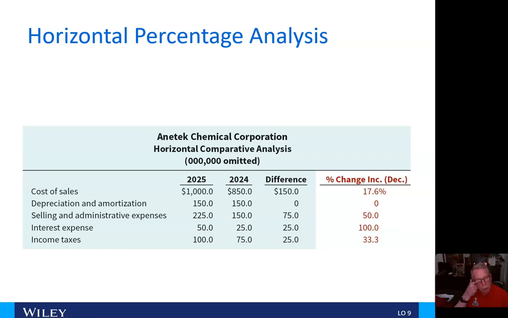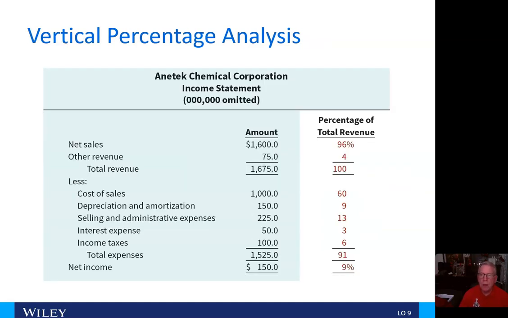So if we know the cost of goods sold percentage here, net sales would be 100%, and gross profit would be the difference of 100% and 17.6%, for example. And this is just what we've done here.